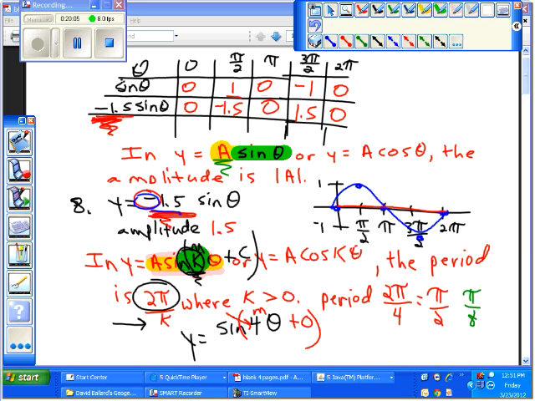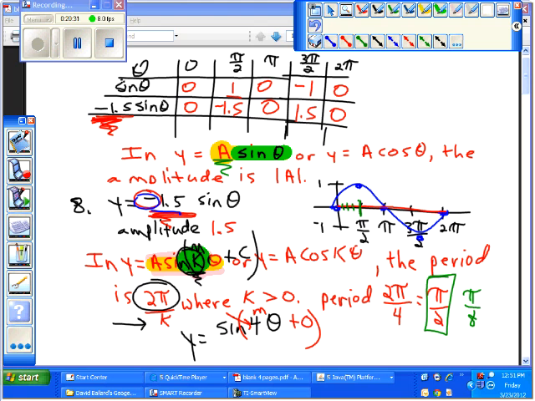Okay? Everybody with me on that? Our period is going to change to pi over 2. So our new period is pi over 2. That means this entire wave happens by the time you get to pi over 2 instead of the time you get to 2 pi.